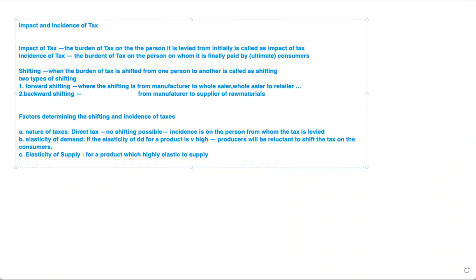Okay, मतलब क्या होगा? प्राइस बढ़ने से सप्लाई, क्लास भूल गए क्या?